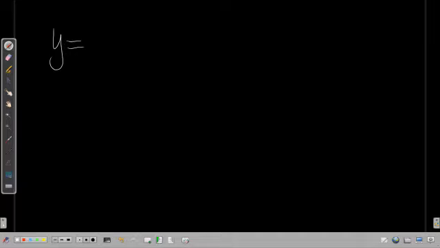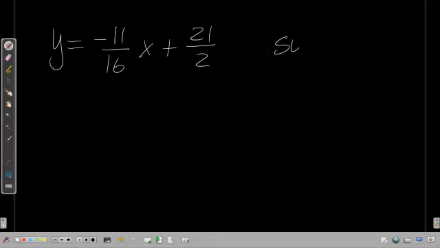So we wind up with minus 11 over 16x plus 21 over 2. This is our slope-intercept.